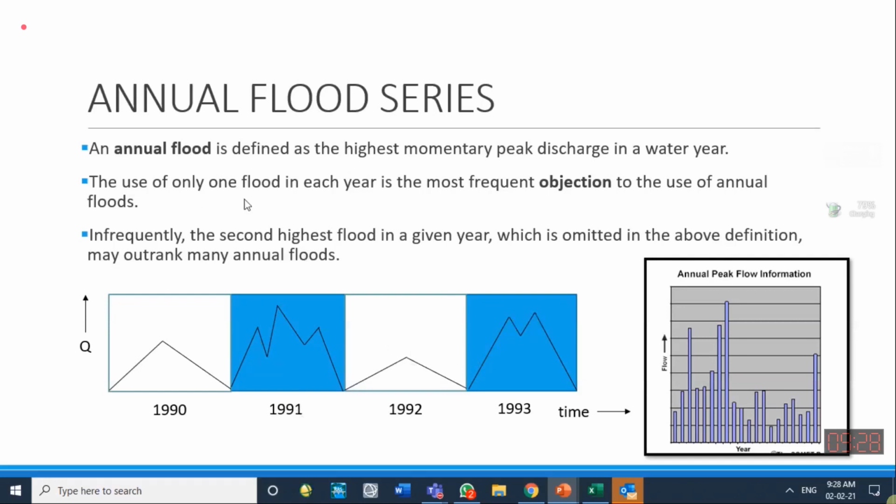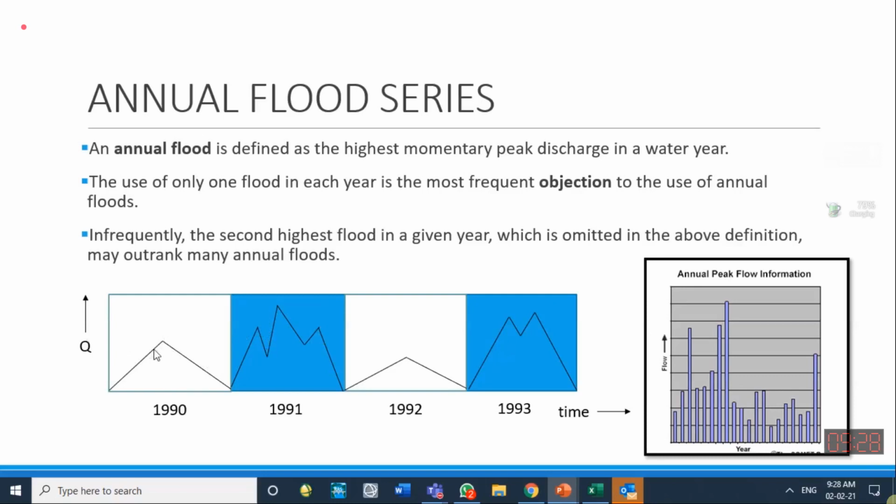So there is an objection to this method: while you are recording the highest peak of one year, you are ignoring several other flood peaks which are higher than some other year's highest value.